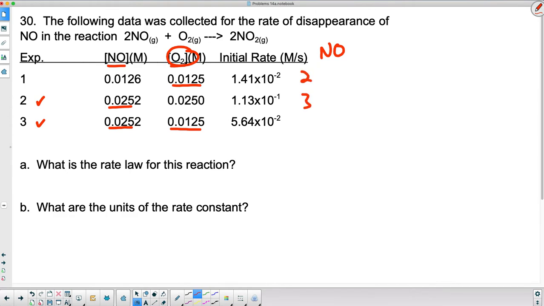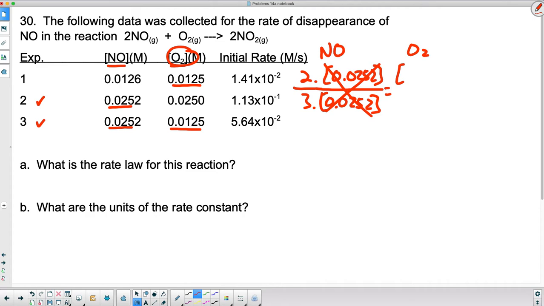Take a look at the concentration for NO. It is 252, and I'm going to divide them, experiments 2 and 3, 252. Notice that these cancel because they equal 1, so that's no big deal. And this is experiment 2 and experiment 3. And what does it look like for O2?